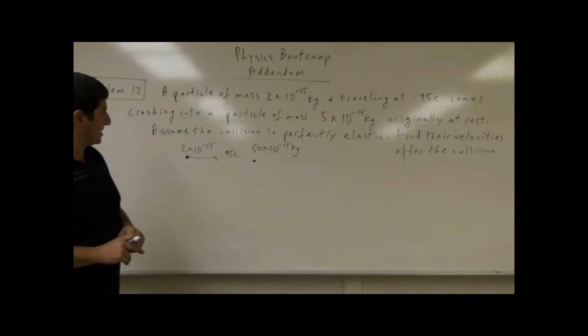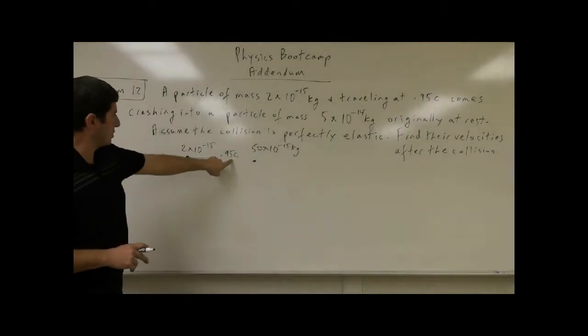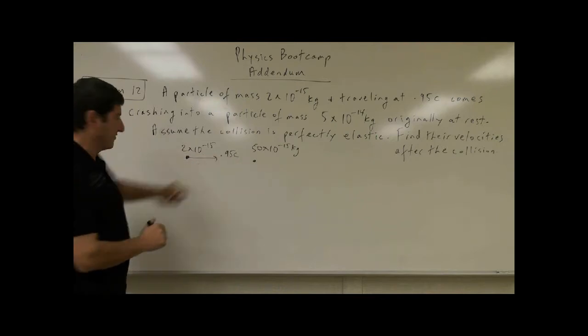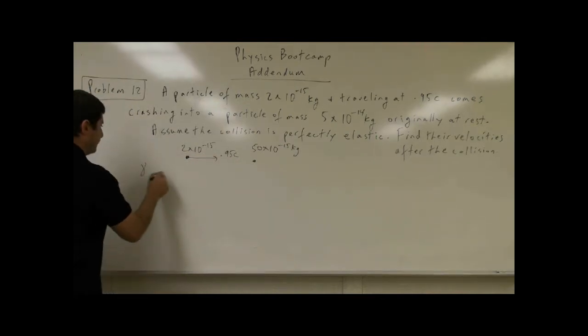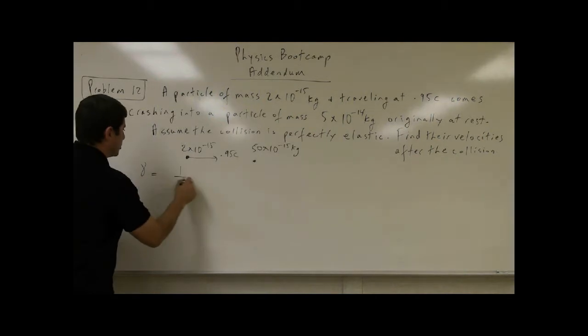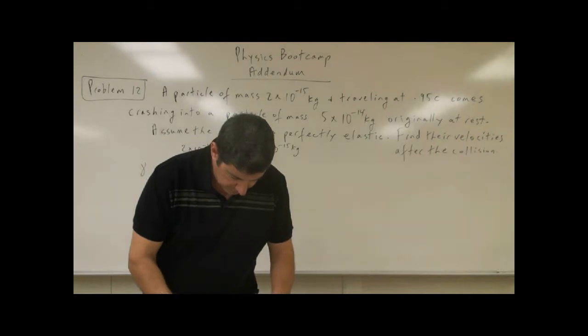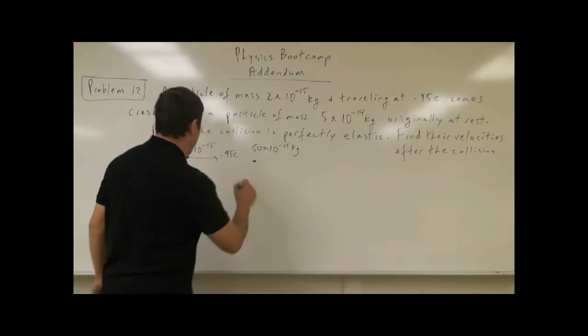Okay? So let's see here. Well, we originally calculated the gamma of the particle in that problem. Remember, gamma is 1 over the square root of 1 minus 0.95 squared. And when we solved that, gamma came out to be 3.20.